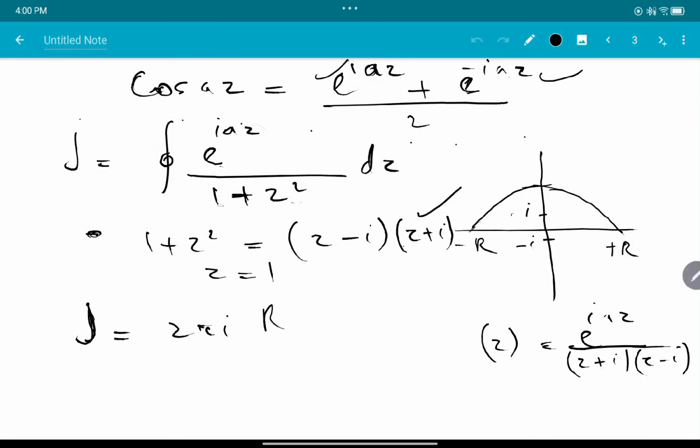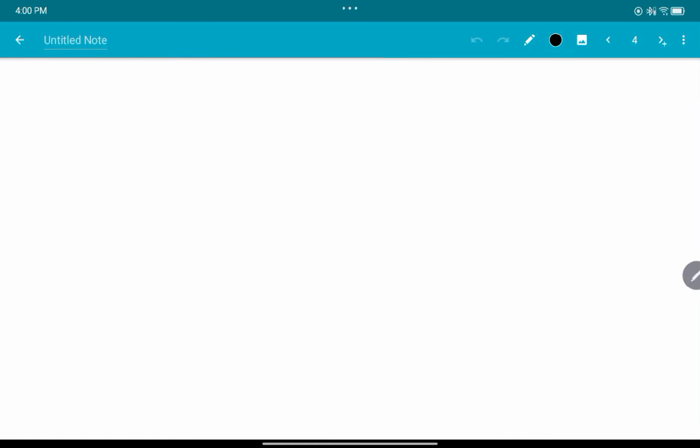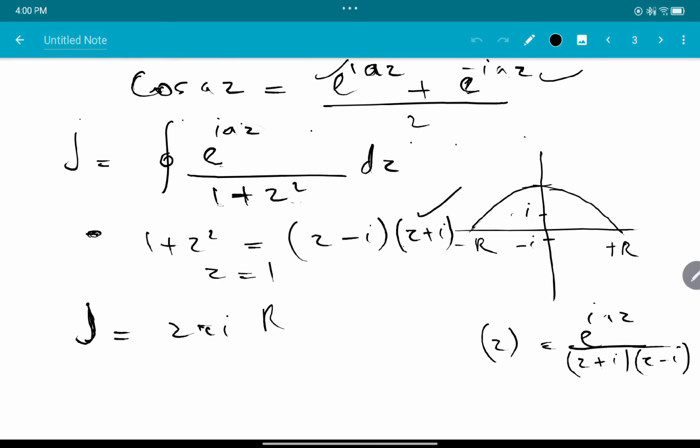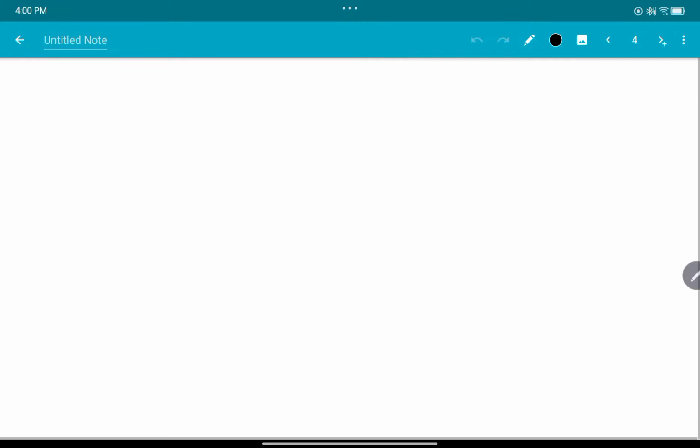So I have this situation. Now I am writing this. I have this integral, e raised to I a z, modulus.